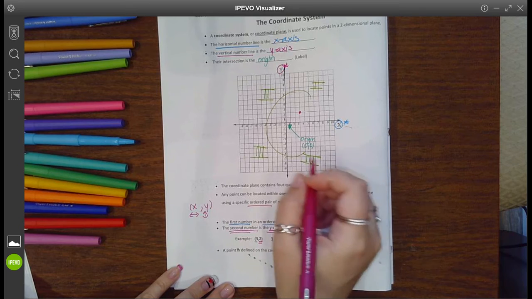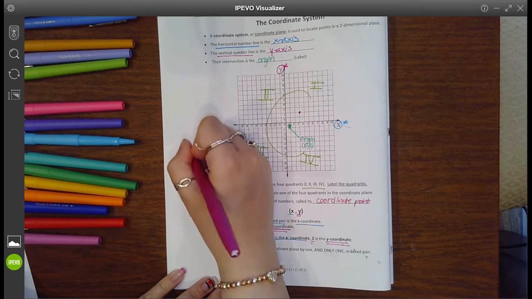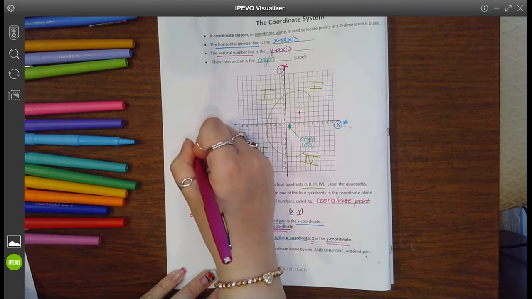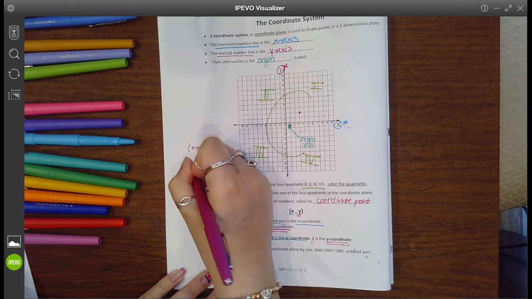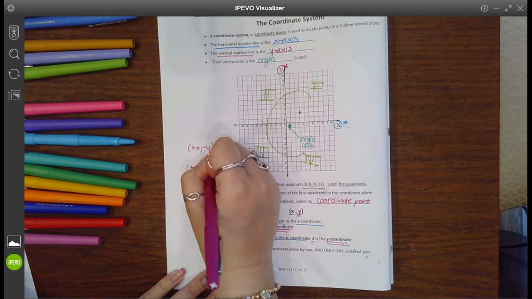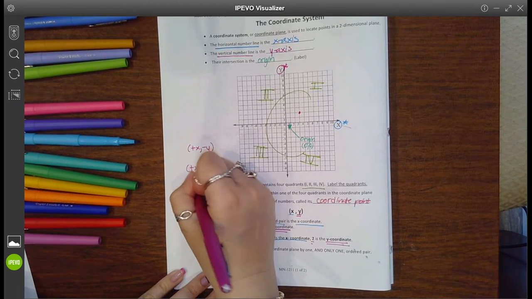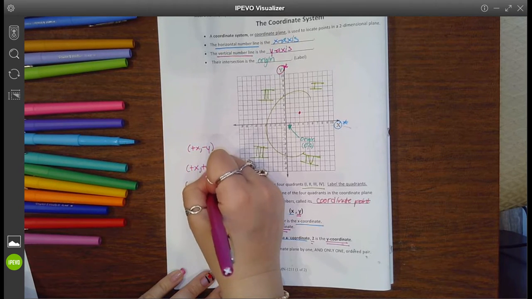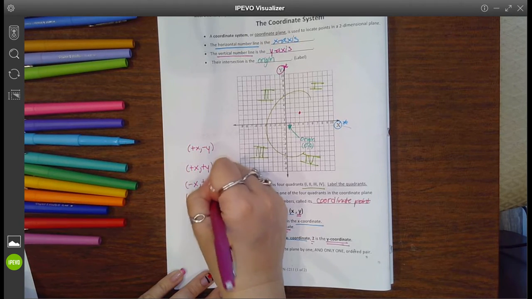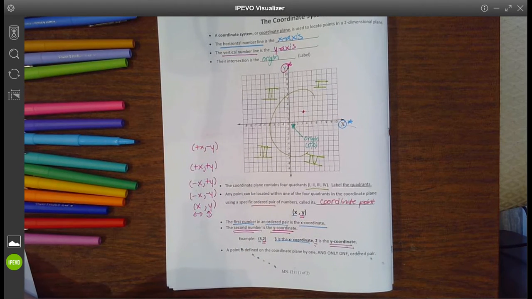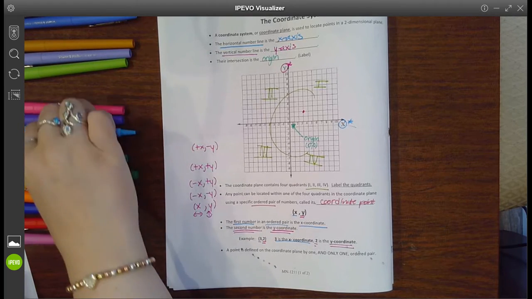They're not trying to trick you, okay? It makes sense. So let's say I had a positive x and negative y, or positive x, positive y, negative x, positive y, and negative x, negative y.